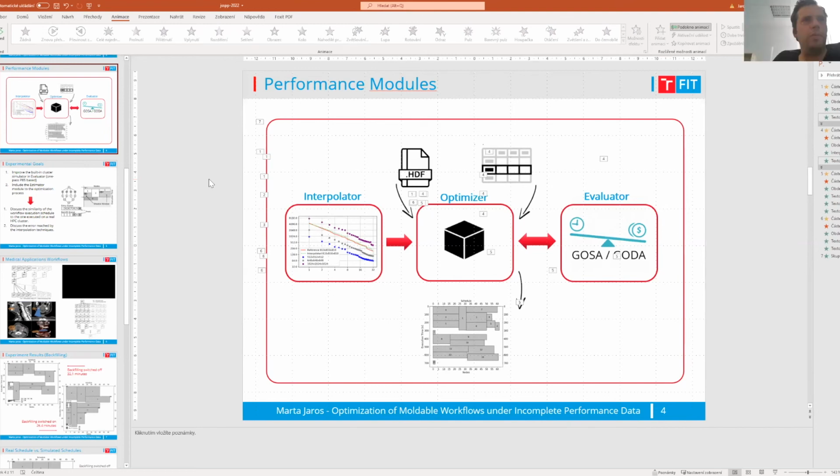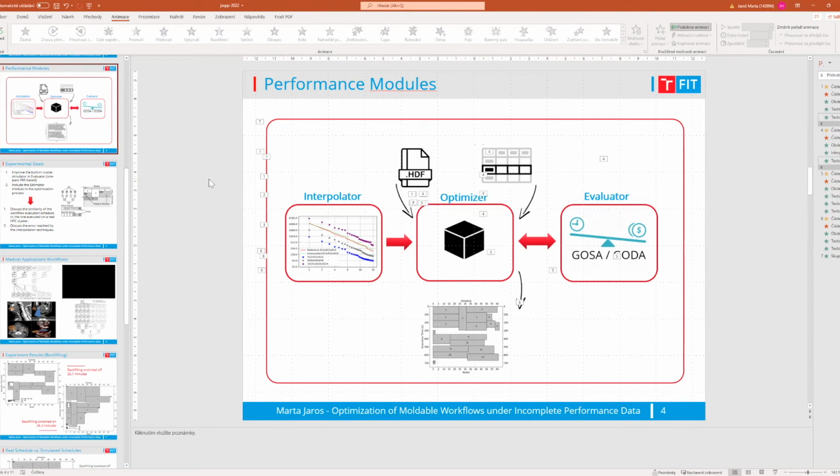And the genetic algorithm is responsible for finding the execution parameters. It uses task input, which is usually domain size and some other things that are specific, and historically collected performance data, and it tries to find execution parameters for a given workflow.